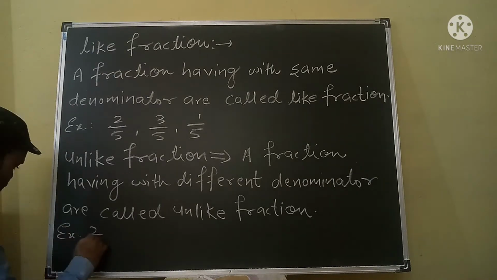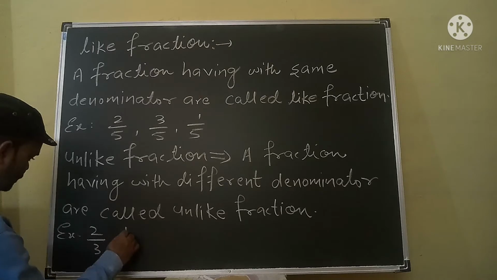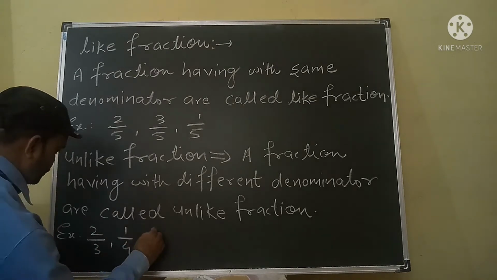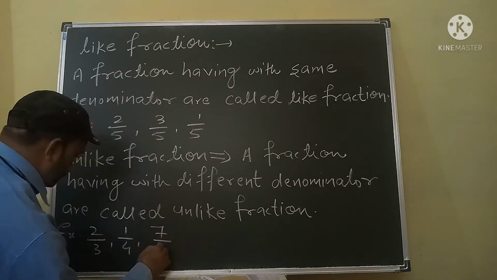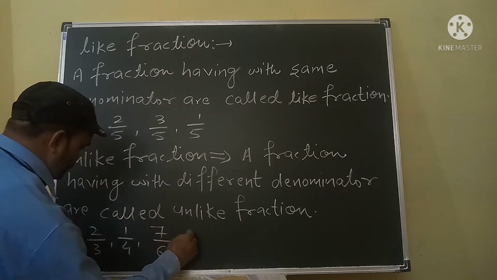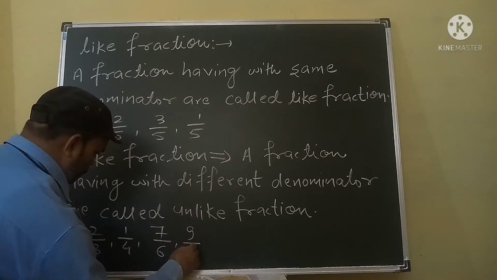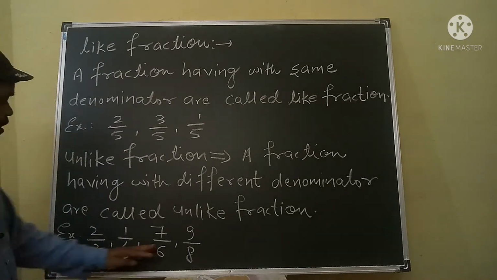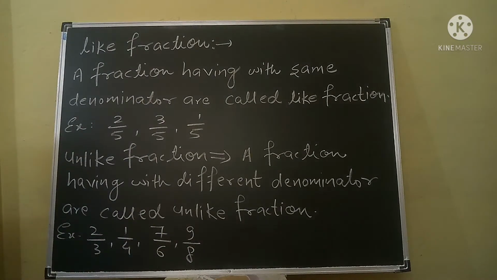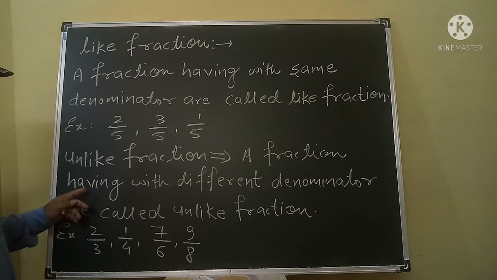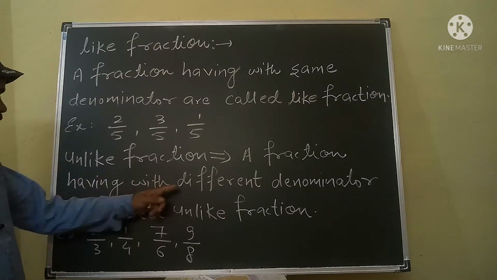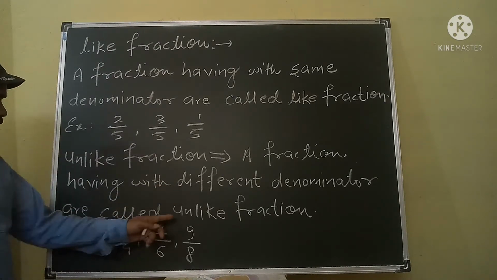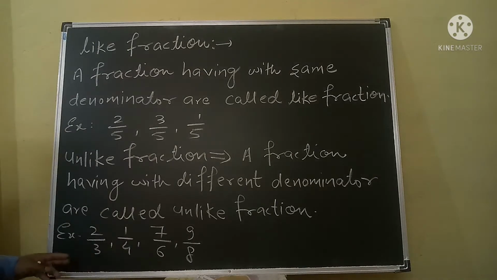For example, 2 upon 3, 1 upon 4, 7 upon 6, 9 upon 8. All these are examples of unlike fractions.